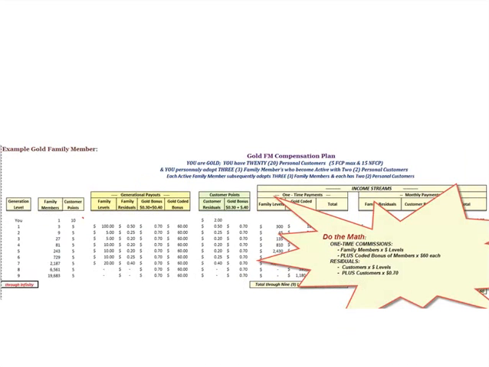Now, on the next level is gold. And here the numbers really start to go silly. We've got the same structure. We're talking about the basic 7 generations, which here we're extending to 9. Family members, you go out and recruit 3. That's all you do. And you rely on those people to recruit 3.